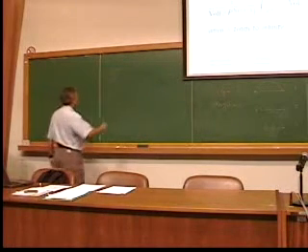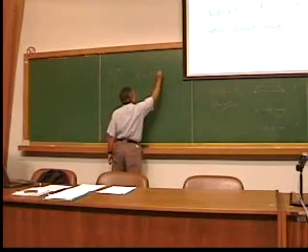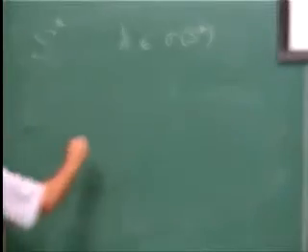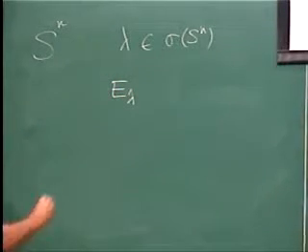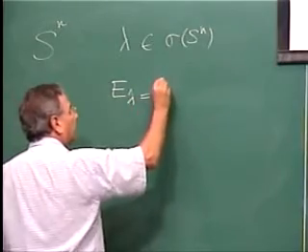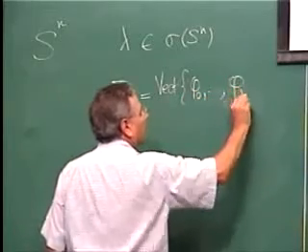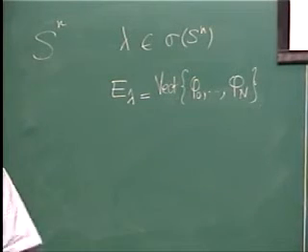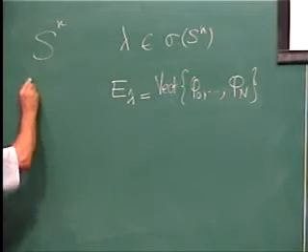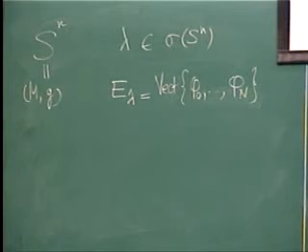Okay, so if you take lambda, an eigenvalue of the sphere, you have the eigenspace E_lambda. So let me assume that I have an orthonormal basis. Let me just say this is M, g, because I could put the complex projective space, for example.